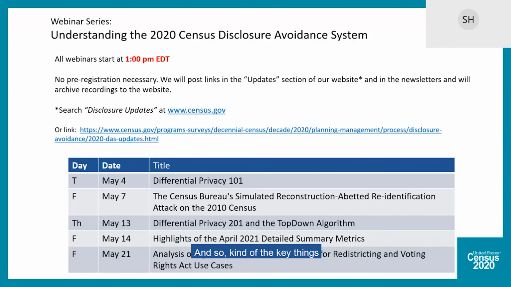And so the key things that we learned from that feedback was that for these statutory use cases, the key data elements that people were interested in were total population counts, total voting age population counts, and the proportions of racial groups for unspecified geography.